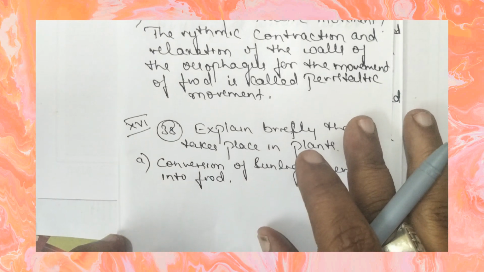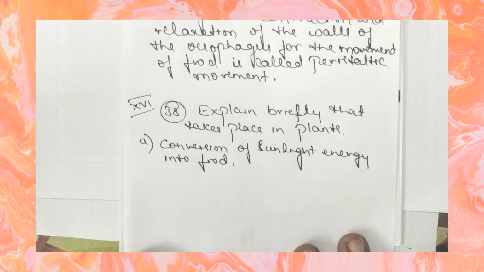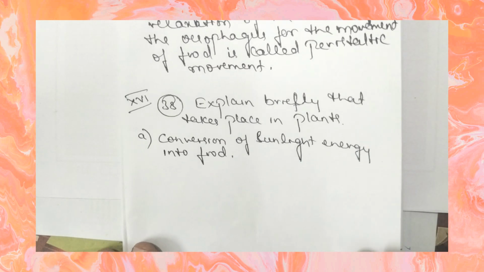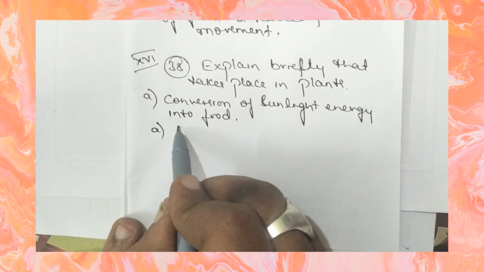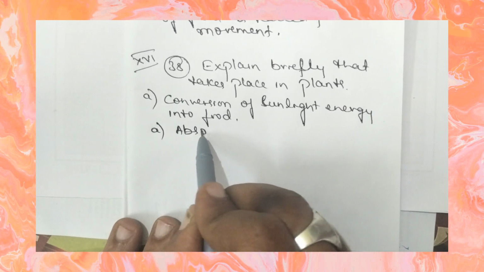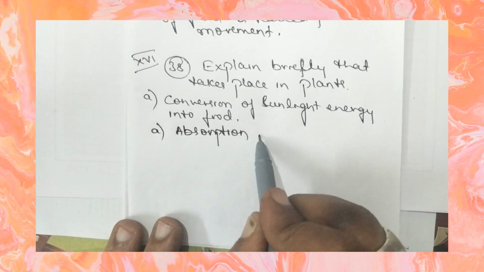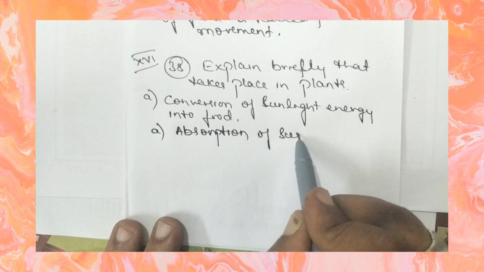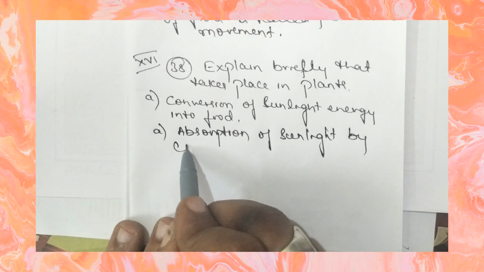So let us move to the last question. Explain briefly what takes place in plants, that is conversion of light energy into food. These are the events that take place during what we call photosynthesis. Absorption of sunlight by chlorophyll.